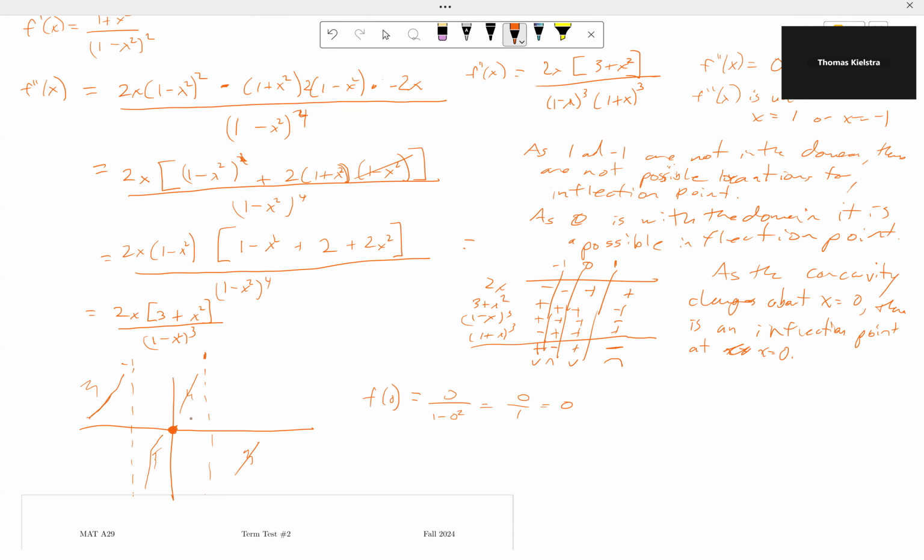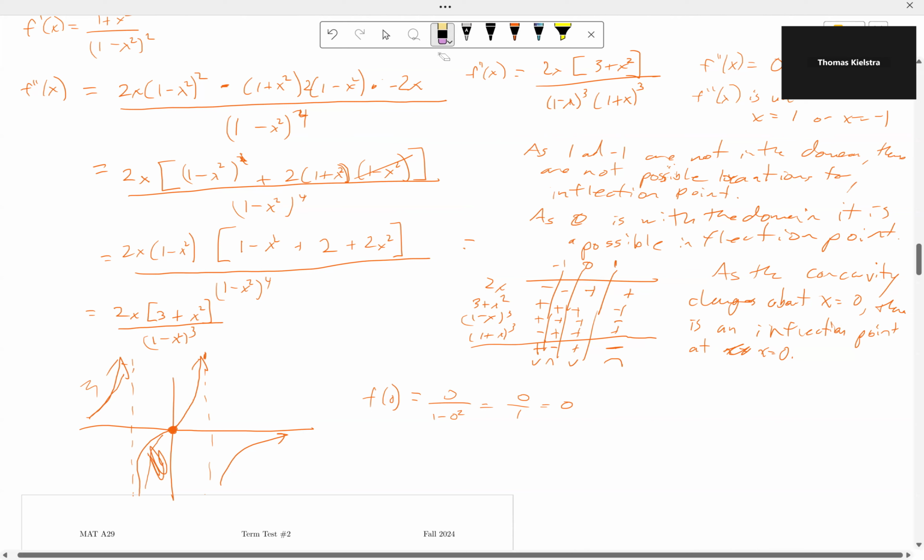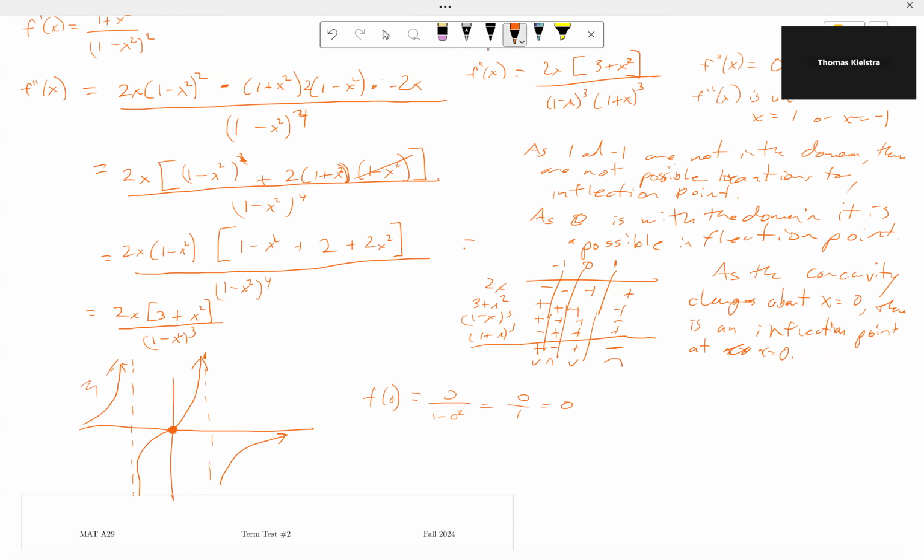Okay, and now I'm concave up, concave down, concave up, concave down. And I have my curve sketch with my point of inflection at 0, 0.